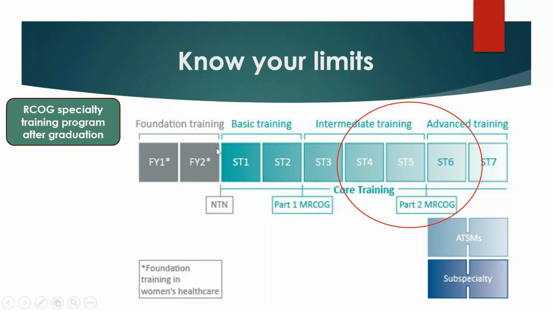Firstly, you will be in foundation training for 2 years. After that, you start the basic training. Passing MRCOG Part 1 will shift you from ST2 to ST3. And now we are here at ST5. When you finish Part 2 MRCOG, you will be an ST6 directly.